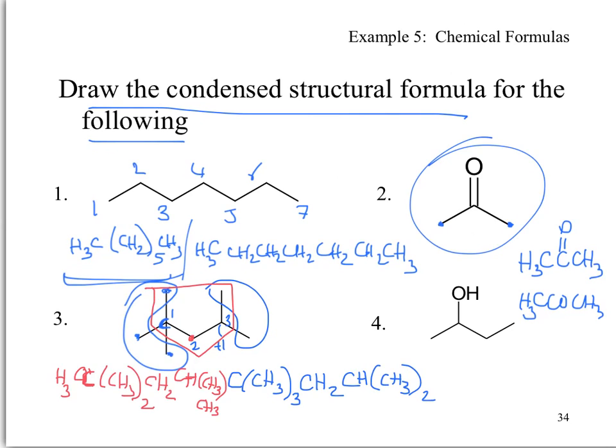I don't quite completely agree with that particular one because these 2 methyls are exactly the same. Why not consolidate that? Likewise, if these 2 methyls are exactly the same as the third methyl, why not consolidate that? So I would go with the one in blue rather than the one in the red.